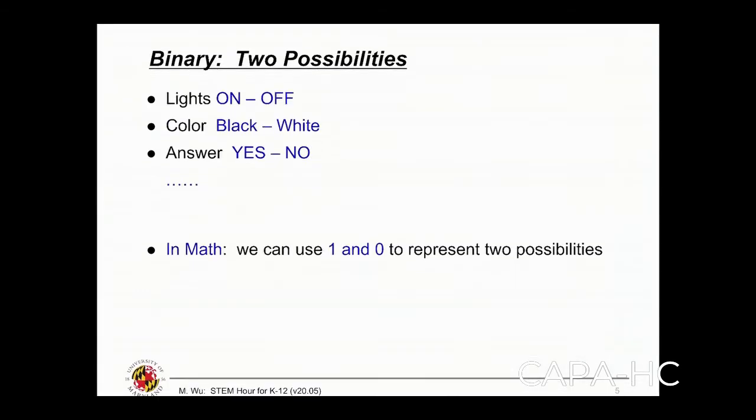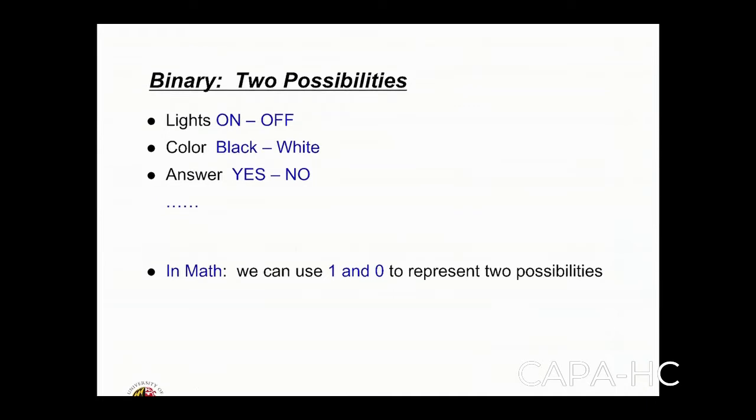And first, I want to let you know that for things in our everyday life, we have quite a few opportunities to have just 2 choices. For example, we could turn the lights on or off, turn the machine on or off.